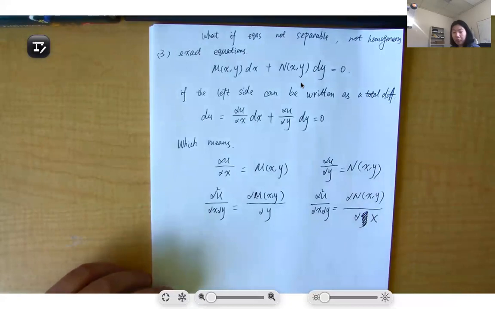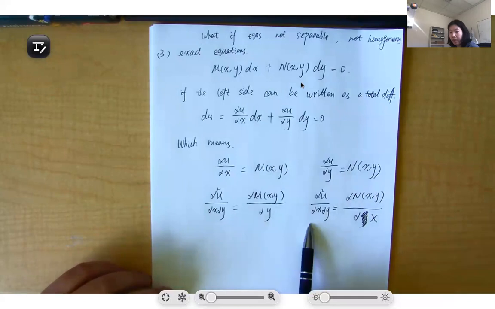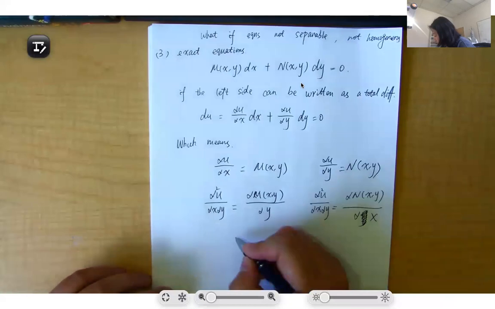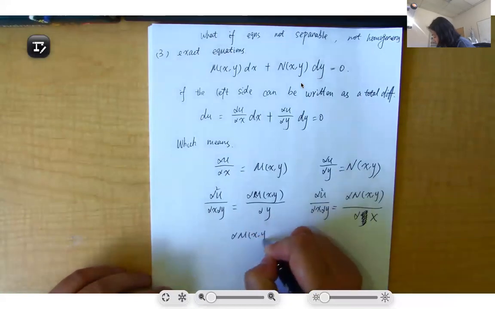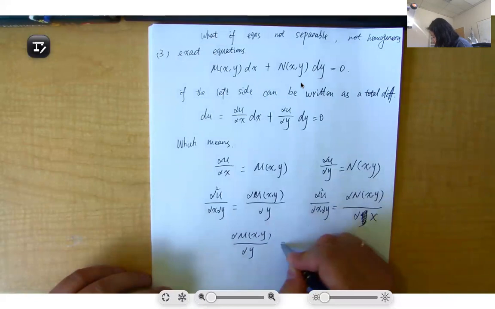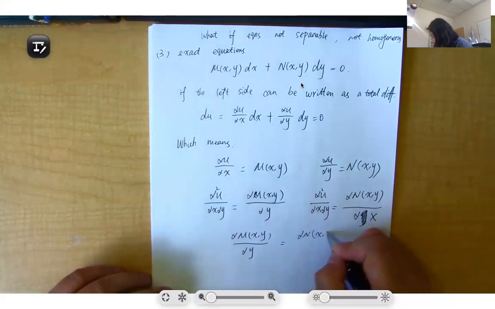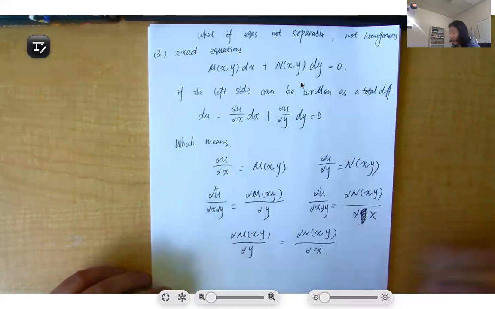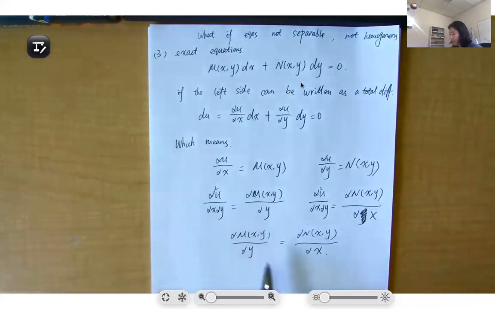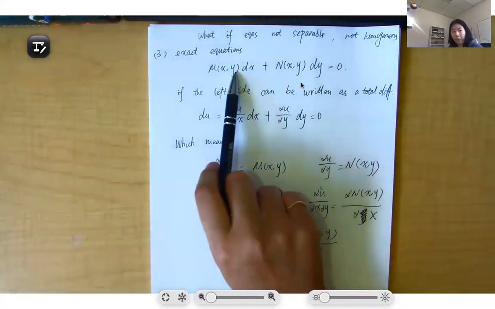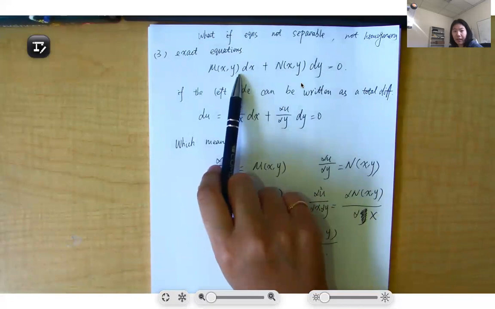And we know that for these two equations, the left-hand sides are the same, so the right-hand sides will be equal to each other. So ∂M/∂y will be equal to ∂N/∂x. And if ∂M/∂y equals ∂N/∂x is true, then this differential equation is an exact equation.